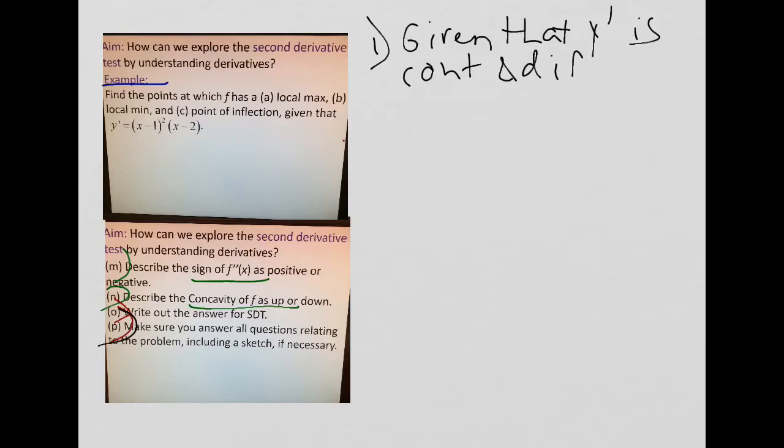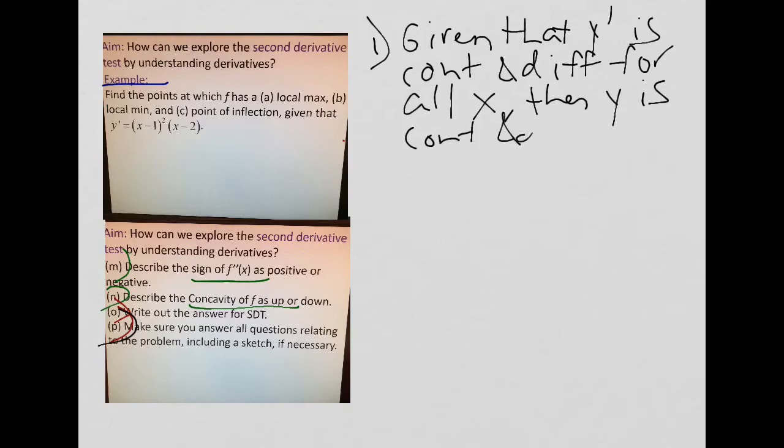So speaking of various problems, we have an example here. Of course we do. Find the points at which f has a local max, a local min, and a point of inflection, given that y prime is the quantity x minus 1 squared times the quantity x minus 2. Given that y prime is continuous and differentiable for all x, then y is continuous and differentiable for all x.